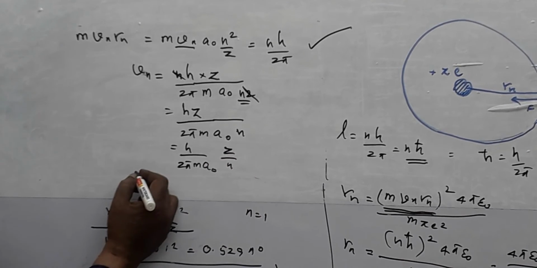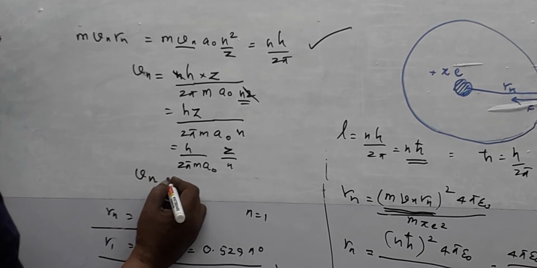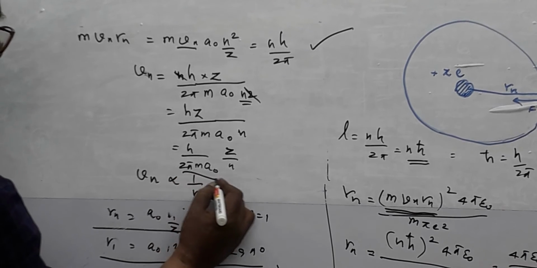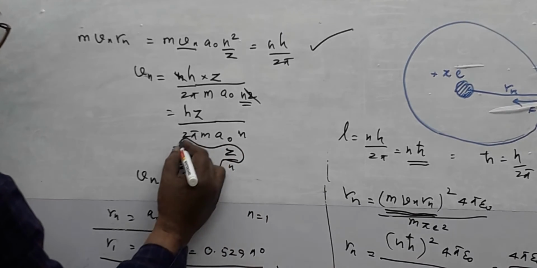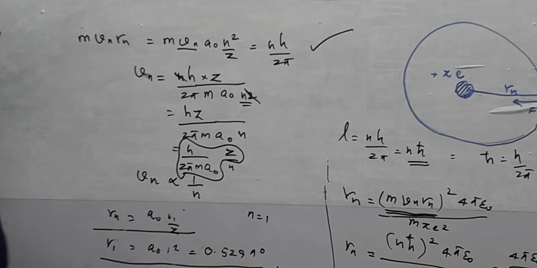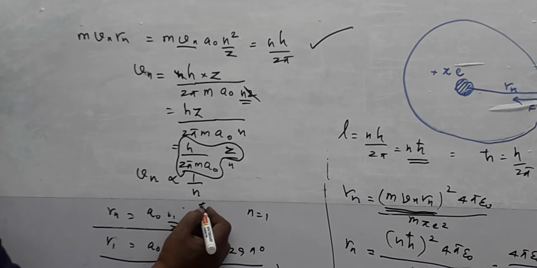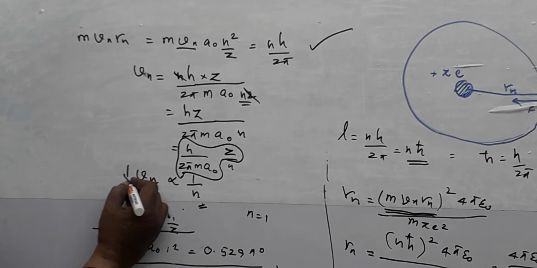So we can write that the velocity is directly proportional to 1 by n. All the remaining values are constants. When you increase the orbital value, the velocity will decrease.